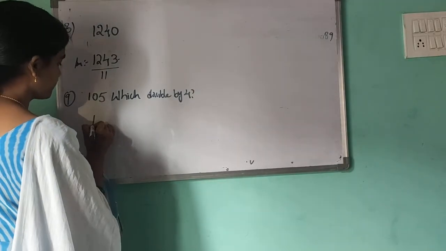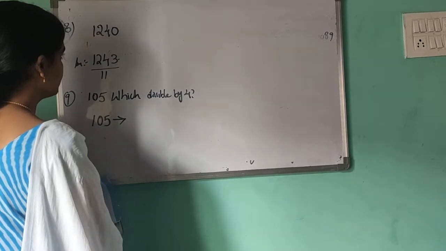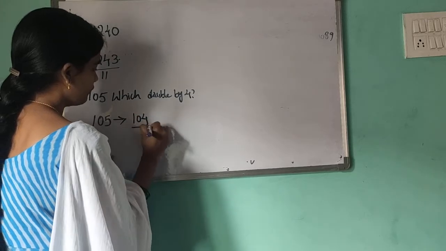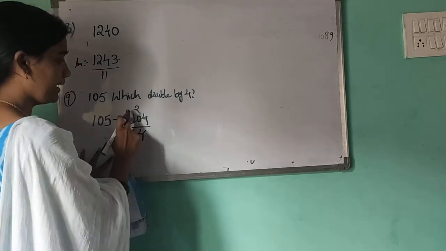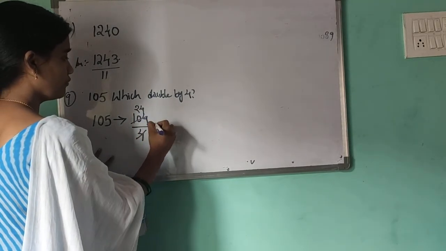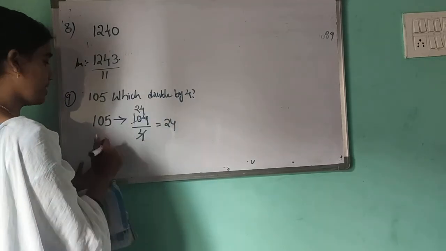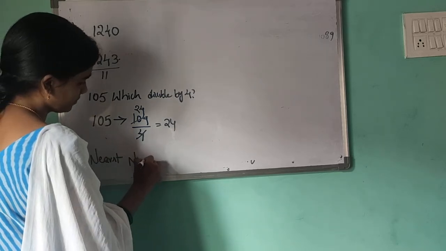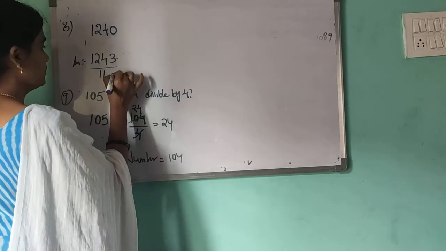So 105, the nearest number is 104. 104 is divisible by 4. How many times? 2 4s are 8. Remaining is 2. 4 4s are 16. So 24. So the nearest number is 104.